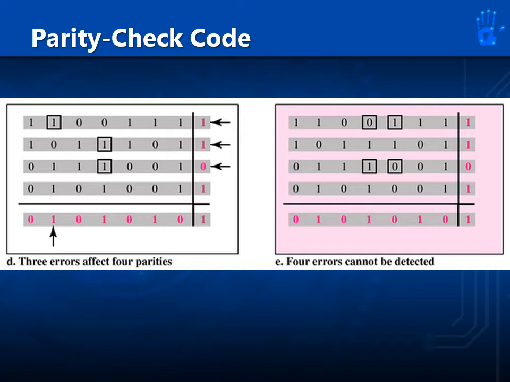And lastly, if four errors occur, this is actually unlikely, but it can happen. When four errors occur, this kind of parity check code can no longer detect the error. So the checker will still judge this as a correct message, even though there were errors.